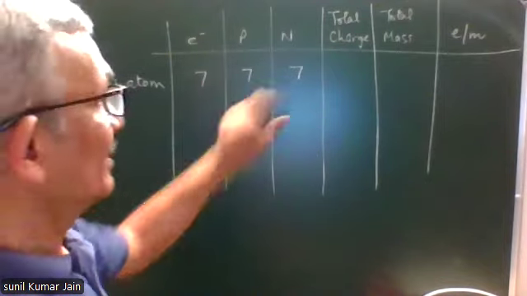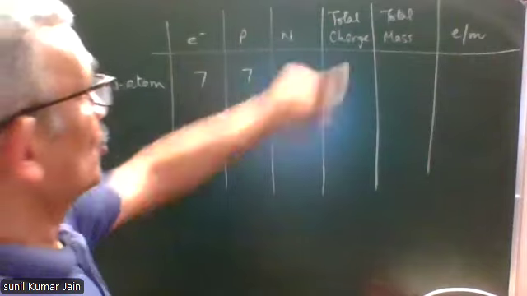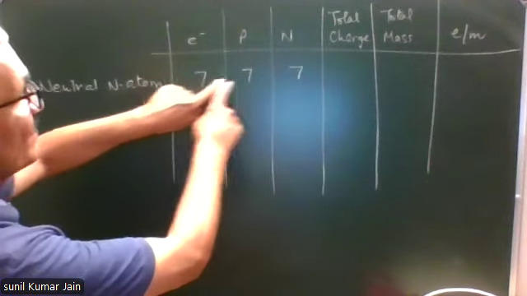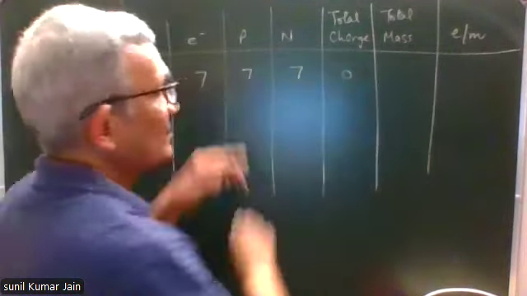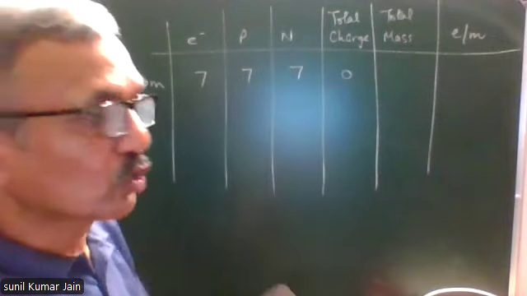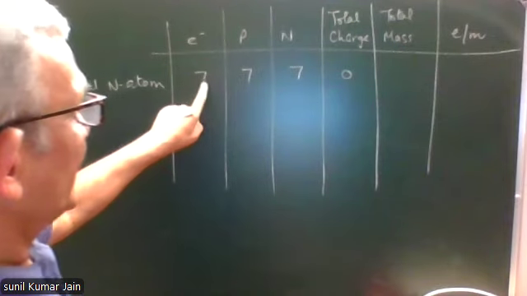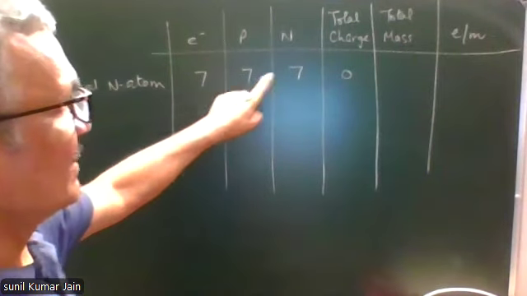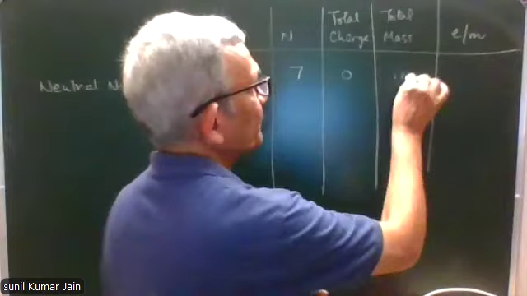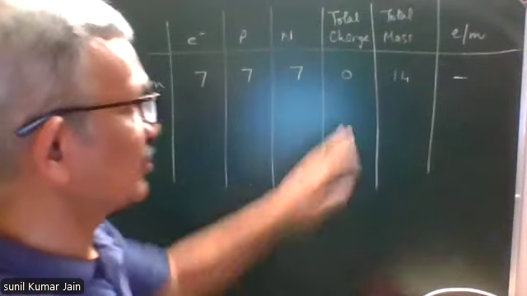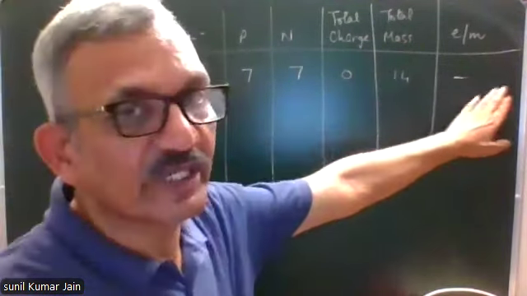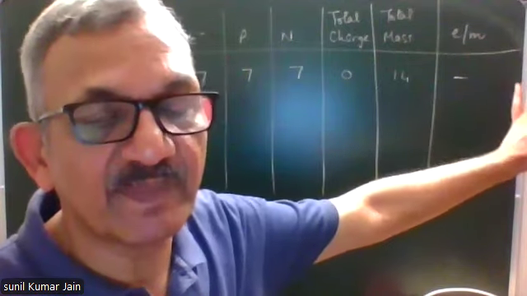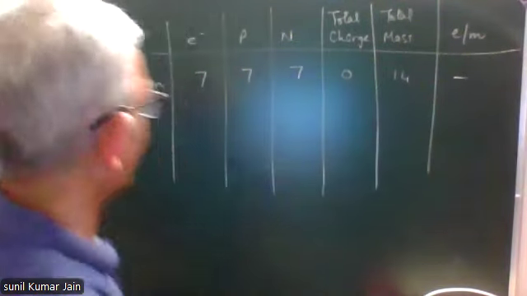It means total charge will be -7 plus 7, 0. Total mass will be 7 plus 7, 14. E by M ratio will be 0 divided by 14. We do not consider E by M ratio of neutral particles.